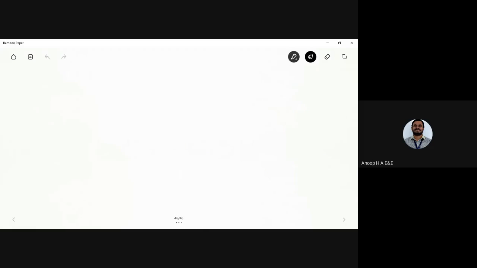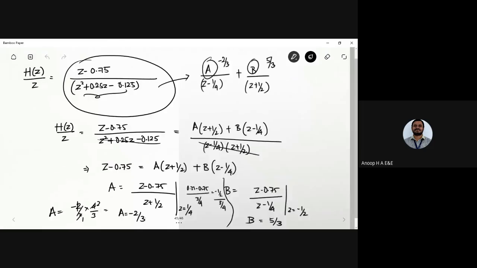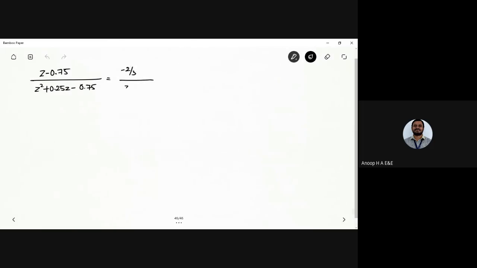After finding out the constants A and B, what are you going to do? (z minus 0.75) divided by (z squared plus 0.25 z minus 0.125) would be equal to A, that is minus 2 by 3, divided by z minus 1 by 4, plus B, 5 by 3, divided by z plus 1 by 2.